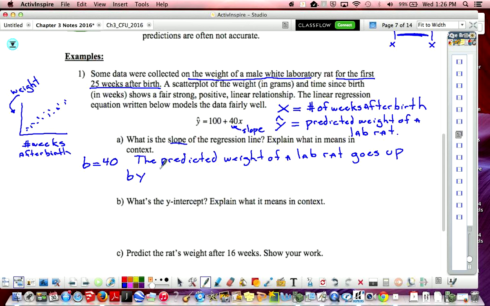Grams. So 40 grams for each x value, and my x value is for each week after birth. Or I could say just for each additional week after birth. So for every week after they're born, they're going to gain 40 grams of weight.